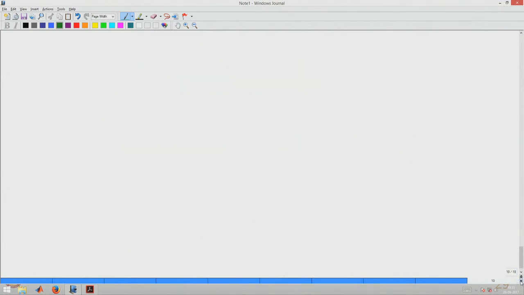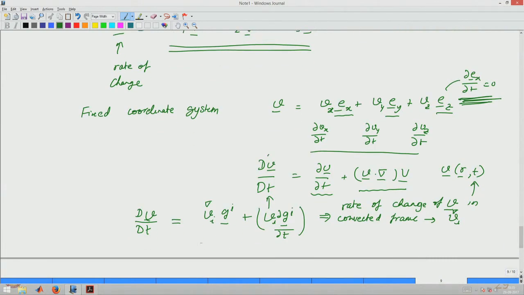So, to evaluate this, what we will have to do is to basically say that V I G I is equal to the total derivative that we calculate minus V I del G I by del T. So, therefore, this quantity is the correction because of evaluation in convected frame.